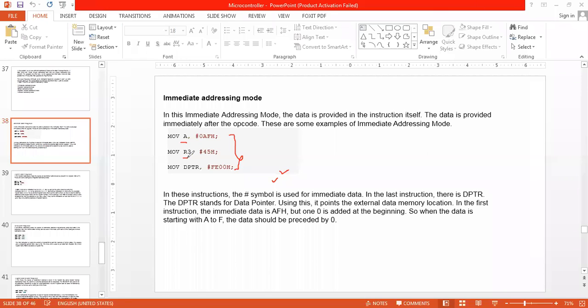We can write the memory location, and then we should put a hash symbol, which is used for immediate data. Whatever is written after it is considered as data. Some examples we have seen upon this.